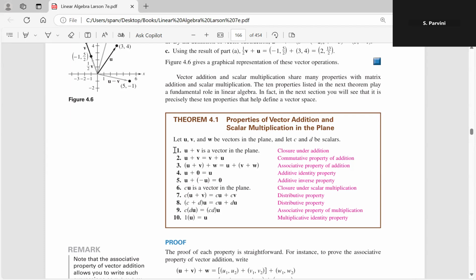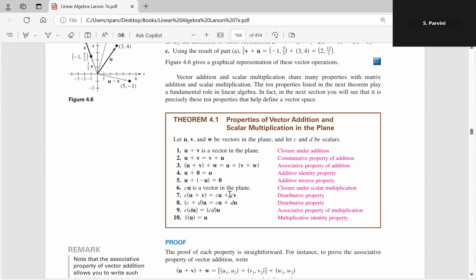So, for instance, number 1, when you add u plus v, that's going to be a vector in the plane. Oh, let me go back up here. Sorry. Notice, by the way, just about everything is boldface, right? So boldface u means this is a vector. Boldface v, vector. Boldface w, vector. The books don't use an arrow on top because they have the luxury of boldfacing.